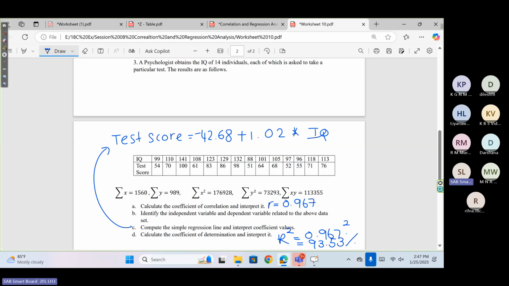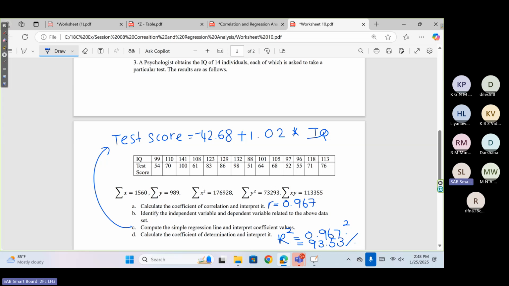The interpretation of these two coefficients: 42.68 is a minus value. It is beta naught. Then it means what? The predicted test score is minus 42.68 when the IQ level is equal to 0. Clear? When the IQ level is 0, this is the test score. Minus 42.68 is the predicted test score when the IQ level is 0.